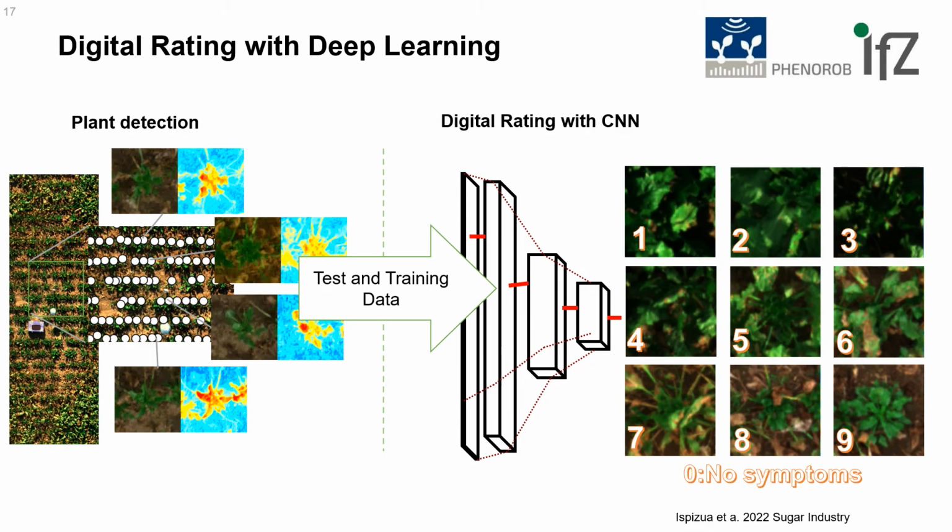The single plant detection and cataloging is the basis for a digital rating of diseases with CNN. And here it is important to track each individual plant over time and to provide a disease severity number for each plant at each single time point, because disease severity is also a dynamic process which will change over the time.